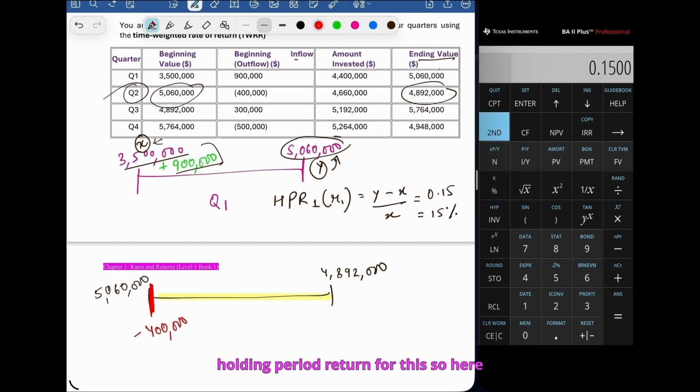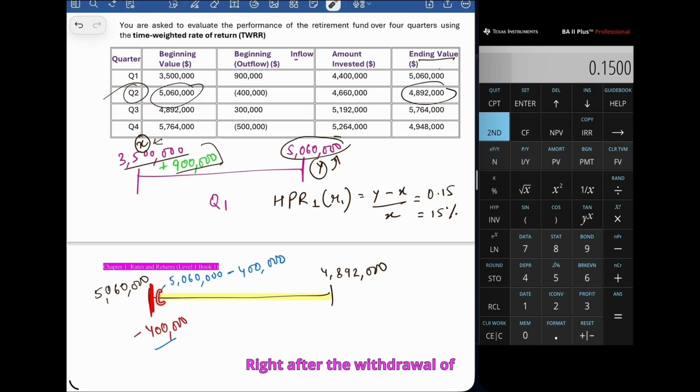So here the beginning, right after the withdrawal or addition, here in our case it is withdrawal, right after the withdrawal the value would have been, beginning was 5,060,000 minus withdrawal is this much, right? So this is the value of X right after the withdrawal of fund, right?